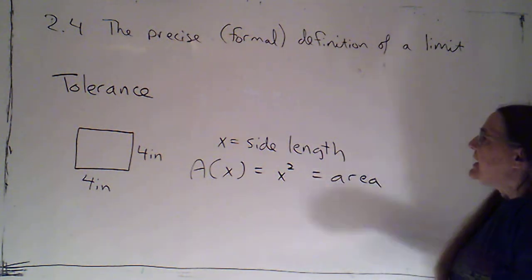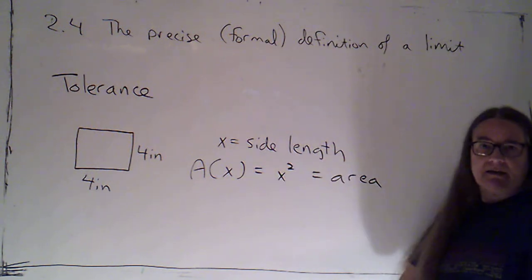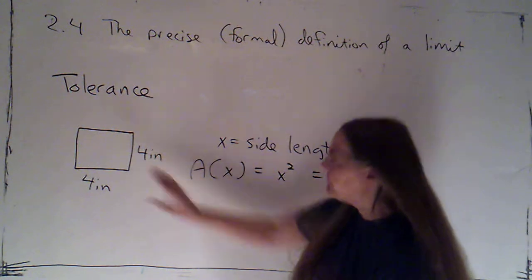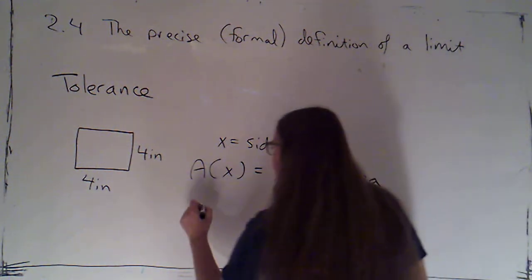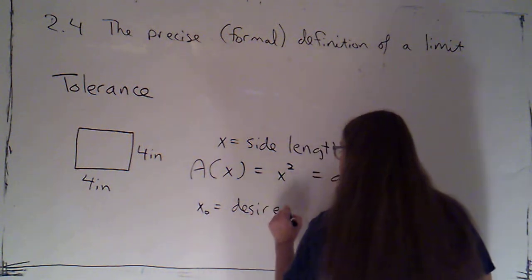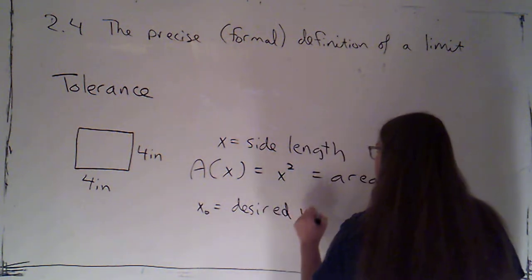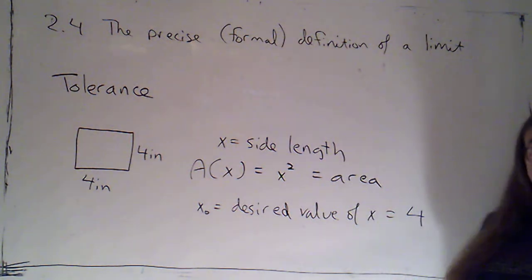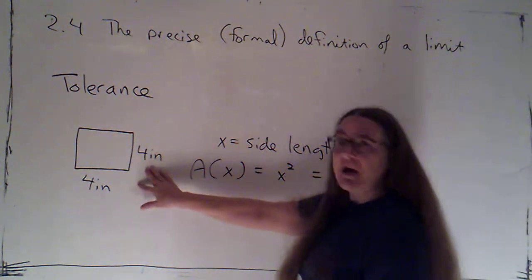Okay. Now, if I'm manufacturing these things, I know that if I'm trying to shoot for 4 inches, I'm going to call that X naught. That's my desired value for X. That would be my 4 inches, but I'm going to have to measure that.